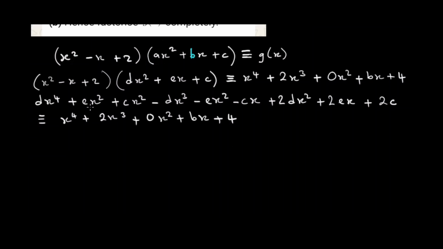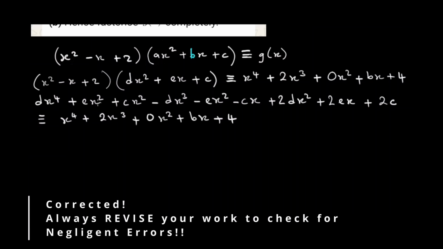Here it was x squared, and this is where we make a mistake, because x squared times ex gives ex cubed.